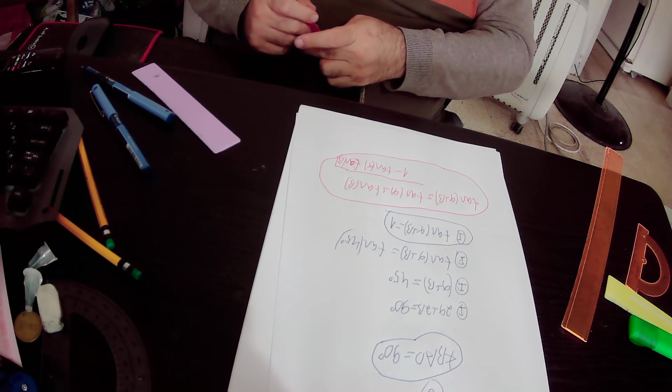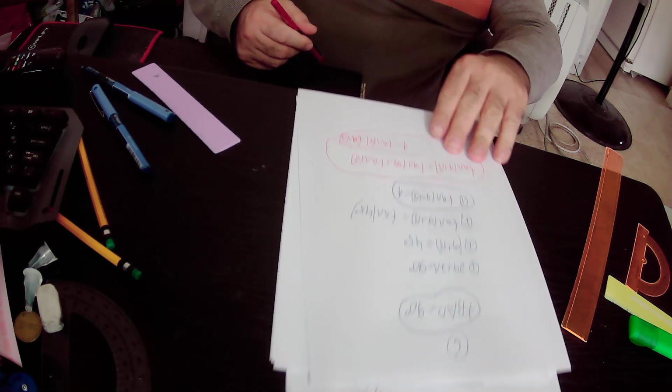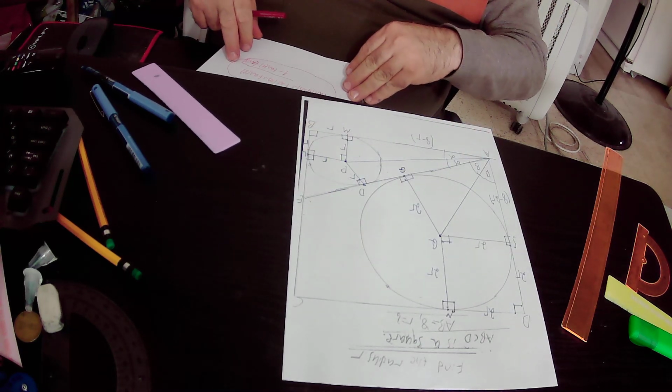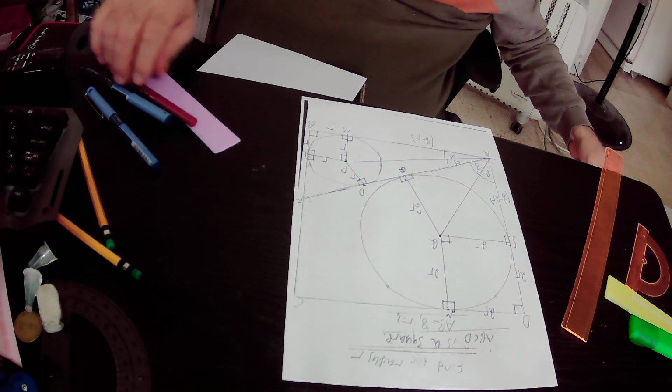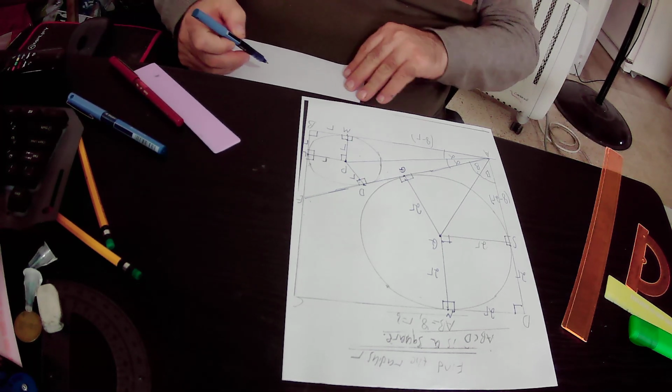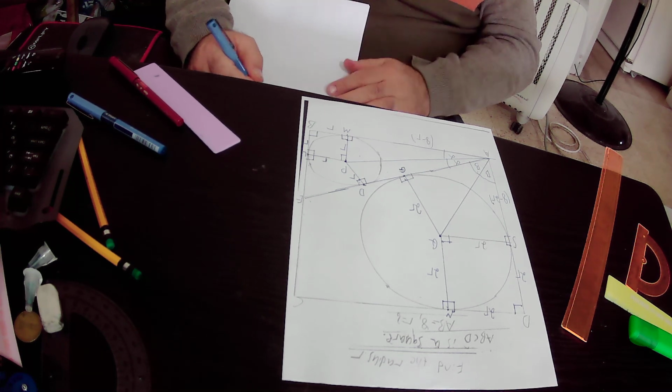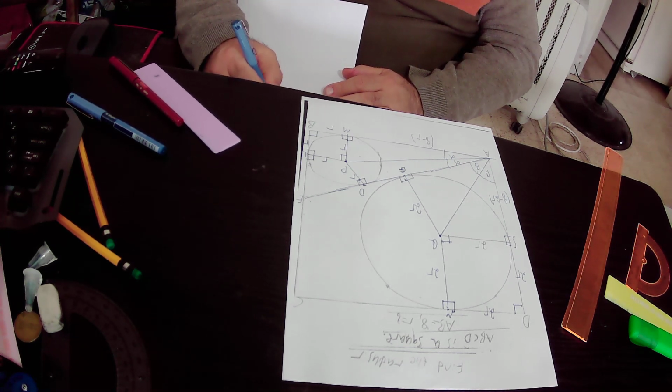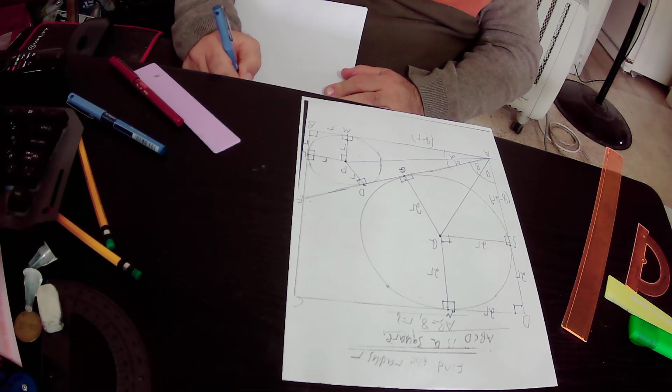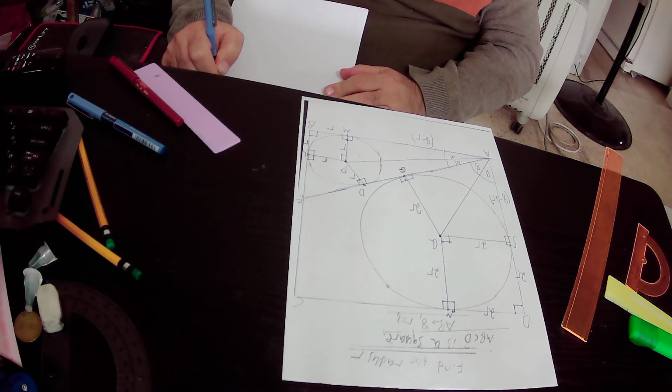So equation number 1 will be that tangent alpha plus tangent beta over 1 minus tangent alpha times tangent beta all equals 1.